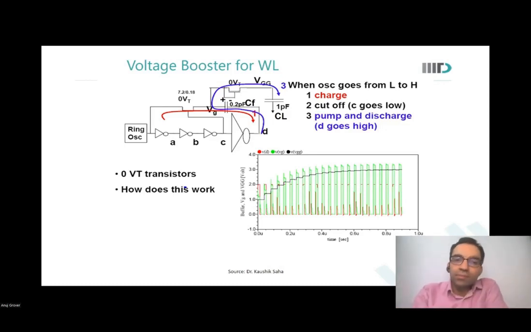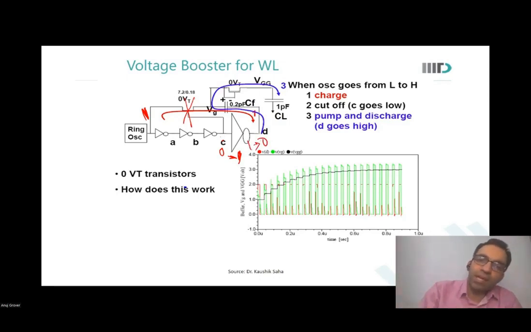ring oscillator gave an output 1. So what happened? The C was initially 0, it will go to 1. Until it has gone to 1, this transistor is off. And D would go to 0, from 1 to 0. So this transistor is off.